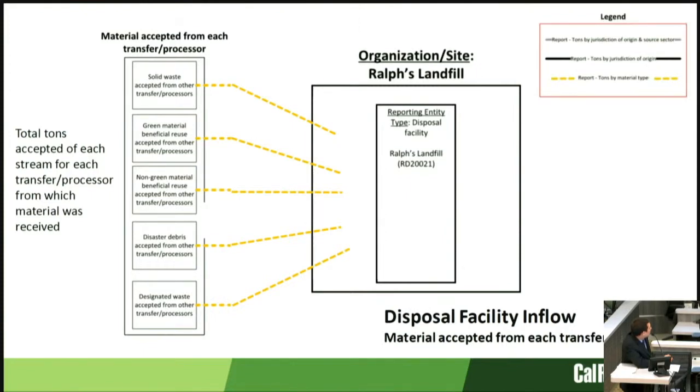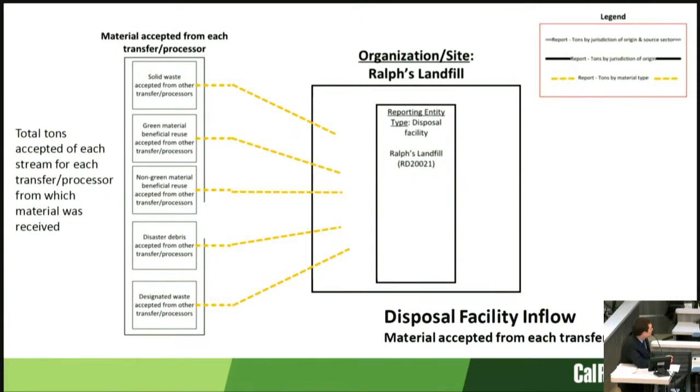Non-green material potential beneficial reuse accepted from other transfer processors: you would report the tons of each material type accepted for beneficial reuse at the disposal facility. Disaster debris and designated waste as well, you just accept the tons. Now there's also a possibility that you can accept these tons and not use them as beneficial reuse, but that you would need to send it out as beneficial reuse.